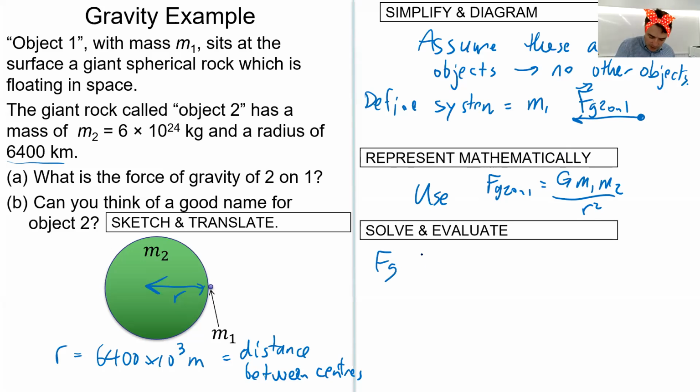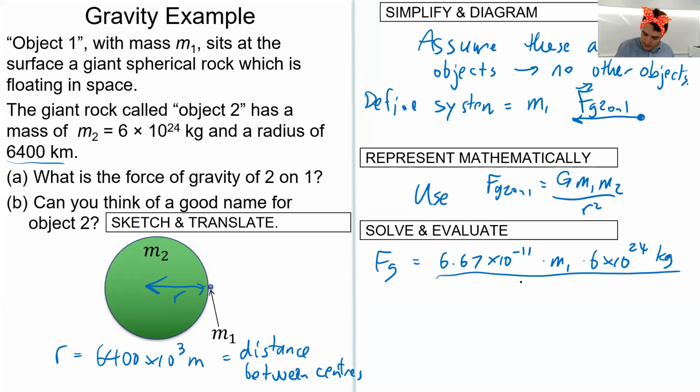So it's F_G is equal to 6.67 times 10 to the minus 11 times M1, we don't actually know, times M2, which was 6 times 10 to the 24 kilograms, it's a big object, divided by 6,400 times 10 to the 3 meters squared.